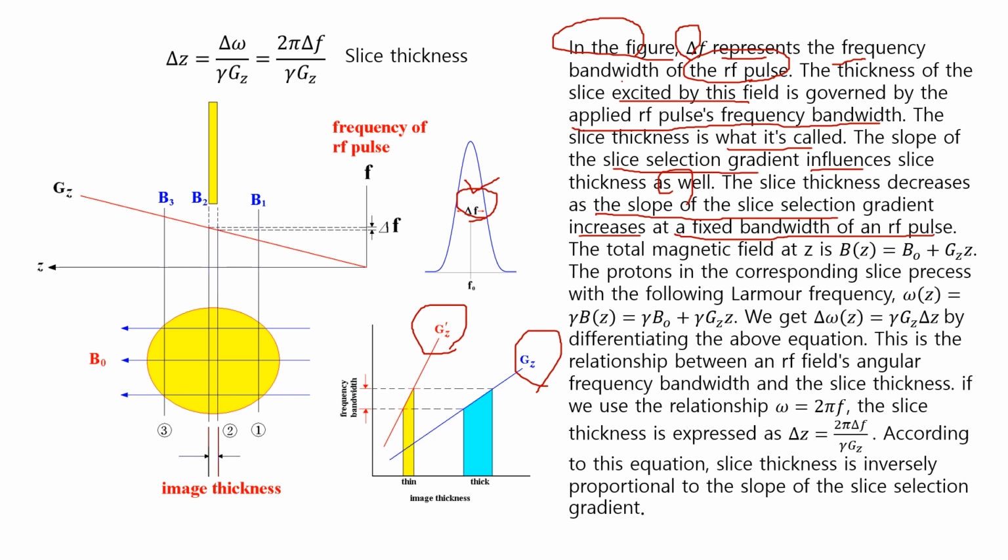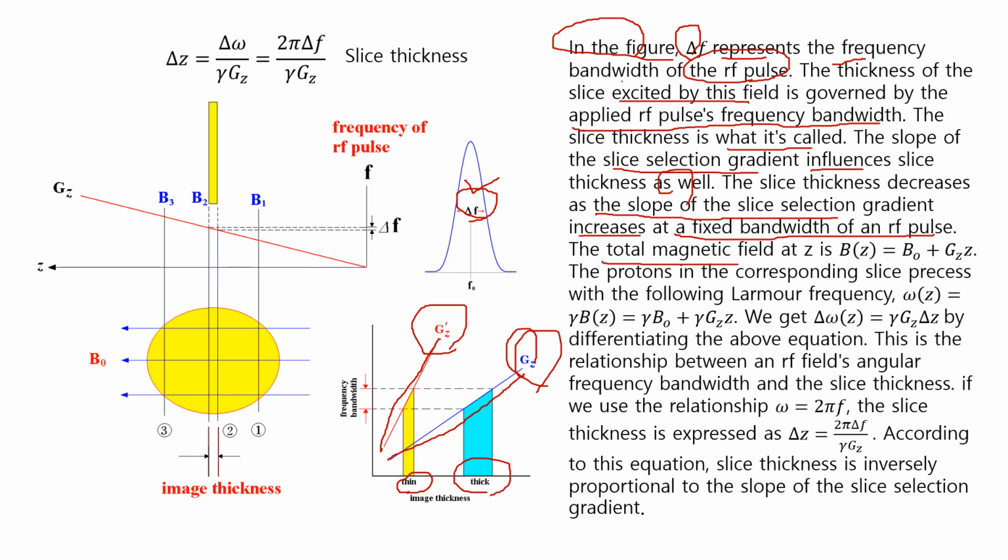So if the slope is steeper, then the slice thickness becomes thinner. If the slope of the slice selection gradient is not steeper, then the slice thickness will become thick.